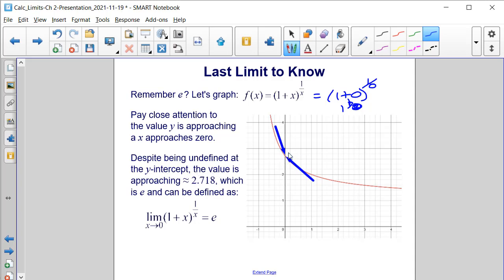Despite being undefined at the y-intercept, or when x is 0, the value is approaching approximately 2.718, which is e. And that allows us to define the limit of 1 plus x raised to the 1 over x power as x approaches 0 to be e.